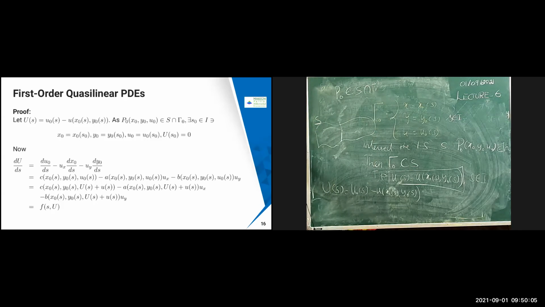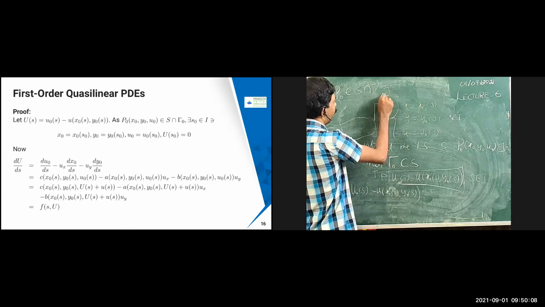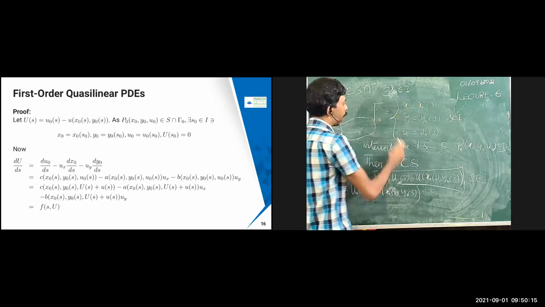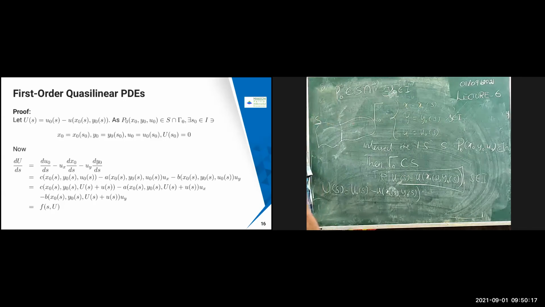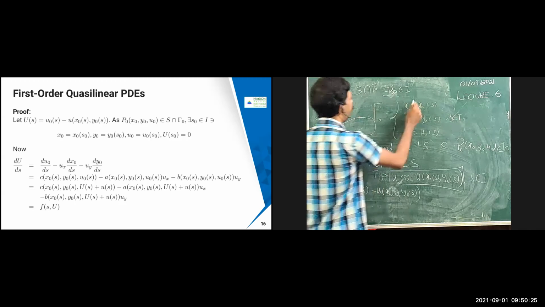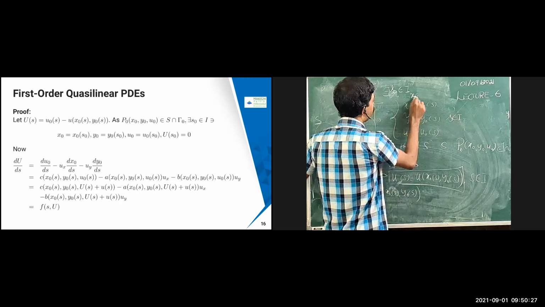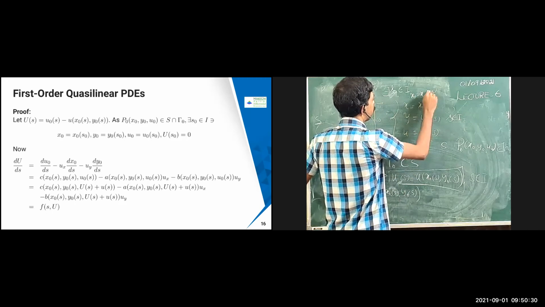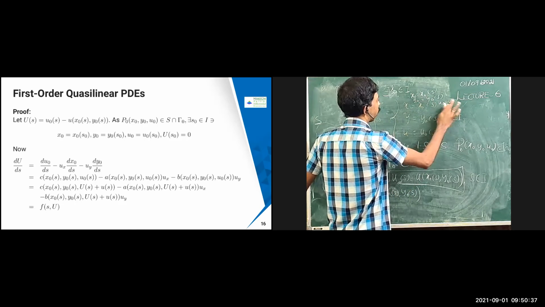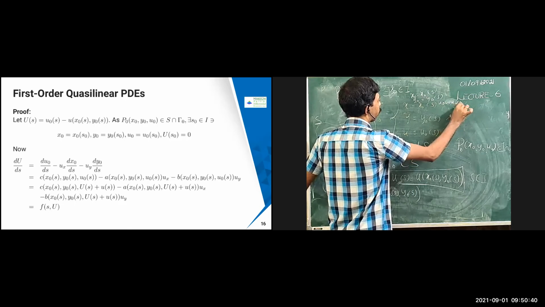So there exists an s naught in I, because this is the gamma naught I have, such that x naught equals x naught of s naught, y naught equals y naught of s naught, and u naught equals u naught of s naught.